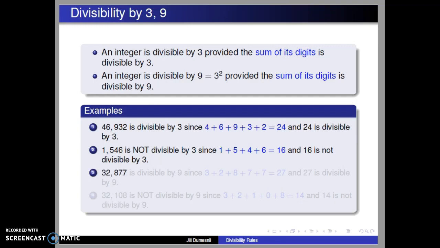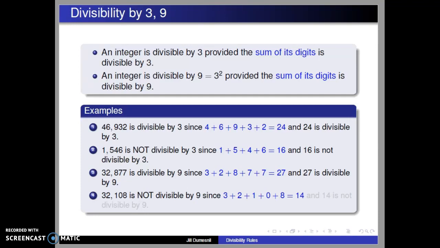The number 32,877 is divisible by 9 since its digits sum to 27, and 27 is divisible by 9. Note that any number divisible by 9 will also be divisible by 3. The number 32,108 is not divisible by 9 since its digits sum to 14, and 14 is not divisible by 9.